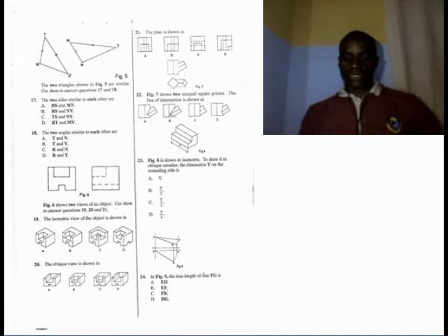Now question 23. The diagram, figure 8, is drawn in isometric. To draw it in oblique cavalier, the dimension Y on the receding side is what?